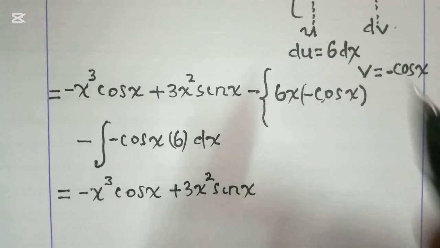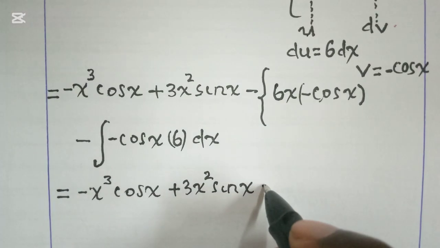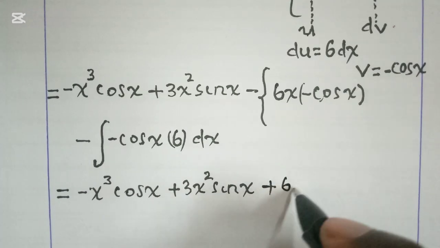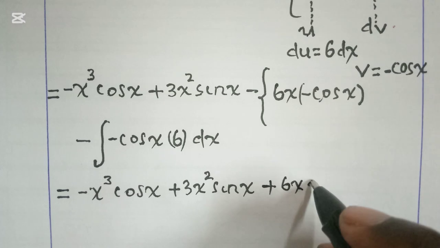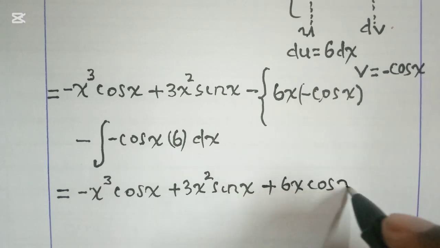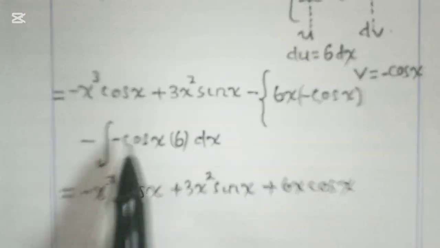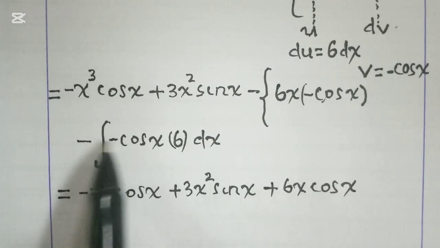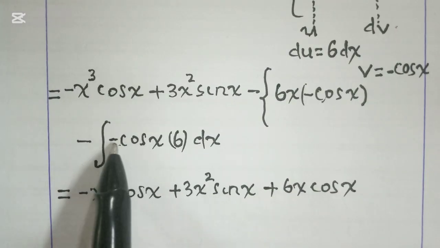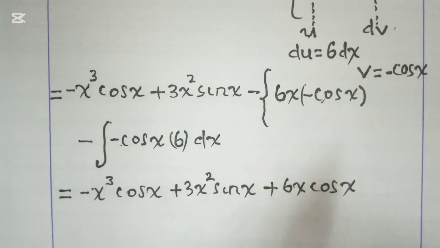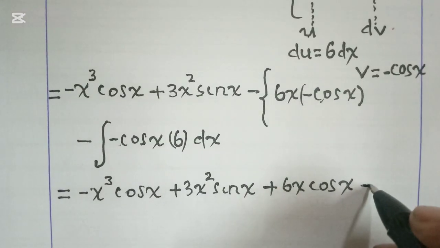This one now is going to give us plus. So guys, here we are going to have plus 6x cos x, like that. And then guys, after that, here we have minus and minus. This minus and minus will end up being plus. But now we have still another minus. So finally we shall have minus.